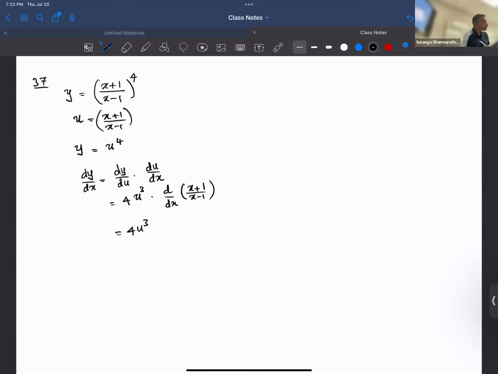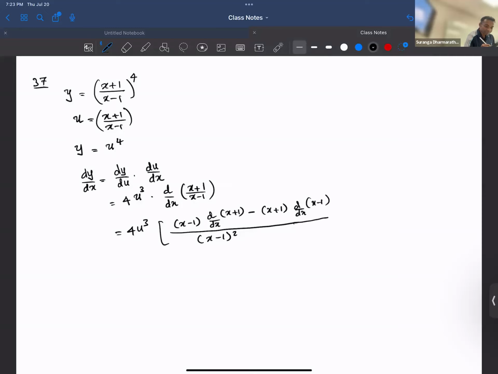What is the quotient rule? Put the square of the denominator, and then the numerator: the first function to differentiate is the numerator. So you write the denominator times the derivative of the numerator, minus the numerator function times the derivative of the denominator. Remember that the derivative of the denominator comes second with the minus sign.